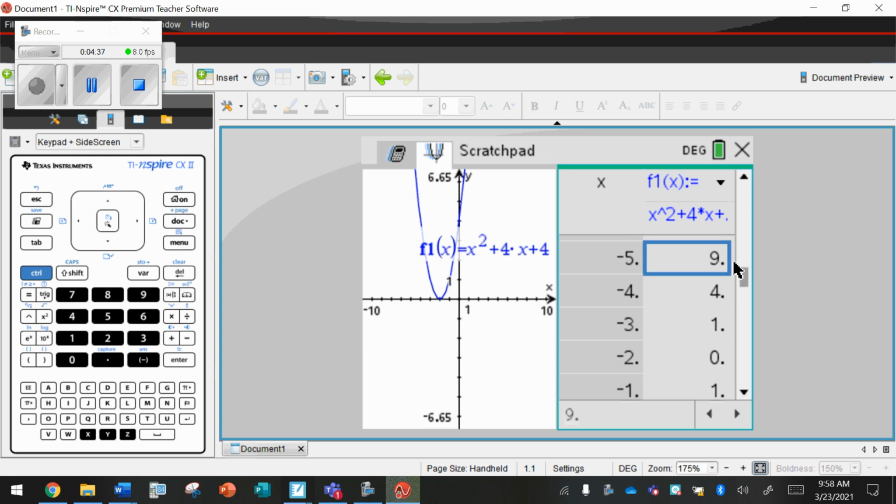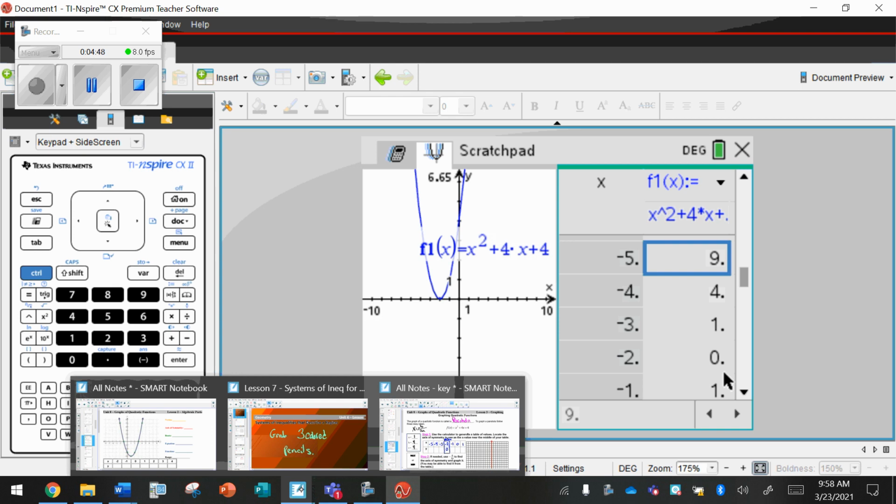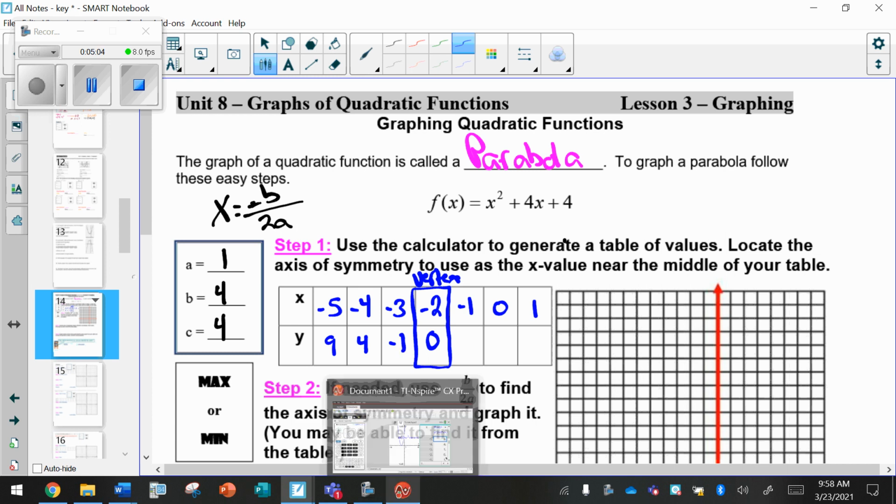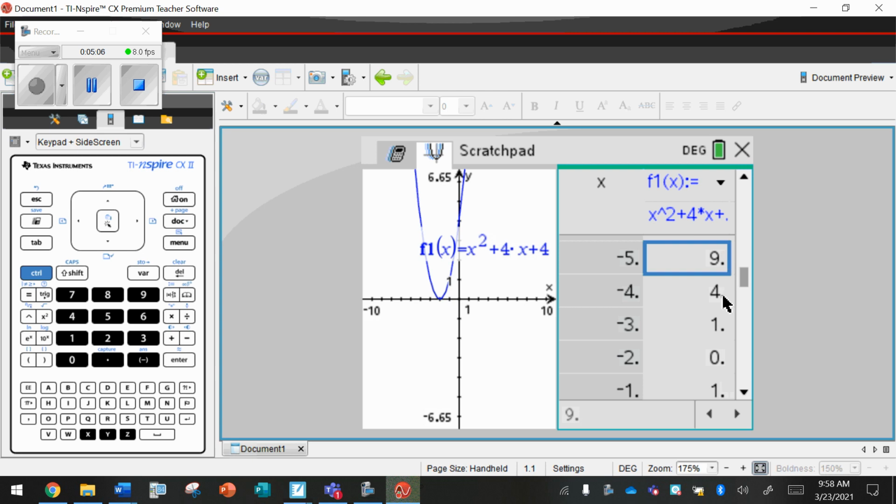At -5, it's 9. At -4, it's 4. At -3 is 1. -2 is 0. -1 is 1. So 9, 4, 1, then 0.